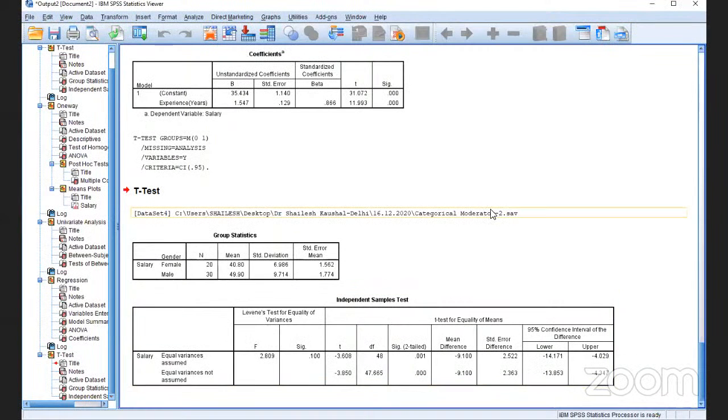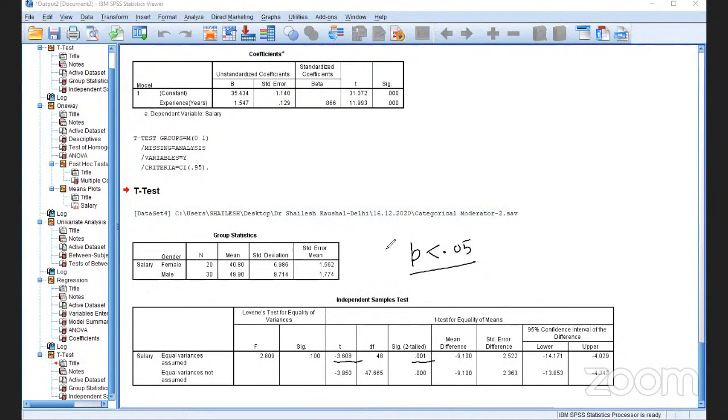So in this output, the t value is minus 0.360 and the p value is 0.001, meaning less than 0.05.